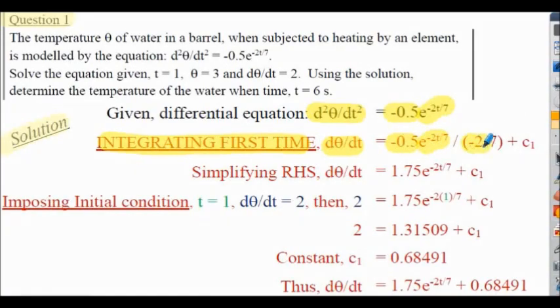That's all divided by negative 2 upon 7. That's the a value in our exponential function. And of course we add the c1. Simplifying the right hand side of the equation, we now have d theta by dt is equal to 1.75 e to the negative 2t divided by 7 plus c1.